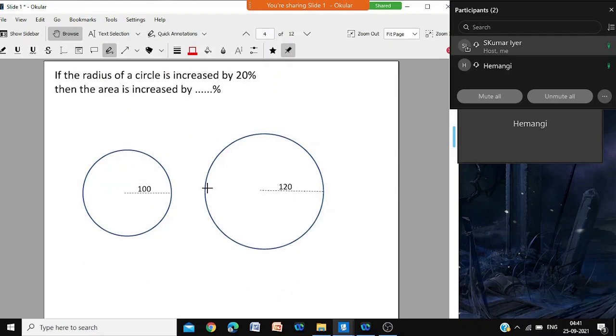If the radius of a circle is increased by 20%, then the area is increased by dash percent. The old radius is increased by 20%. That means from 100% to 120%. Then what would be the percentage increase in area?